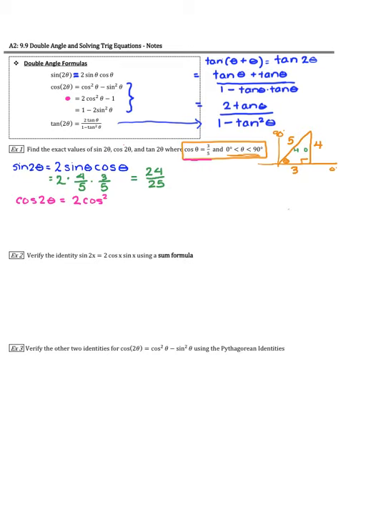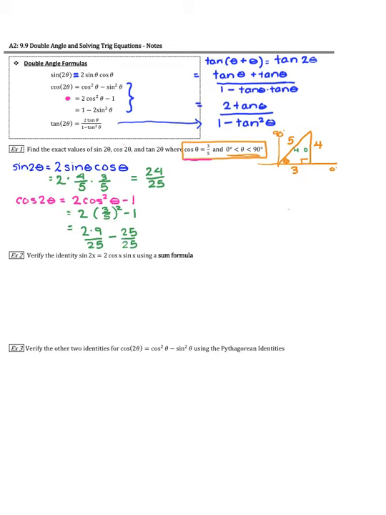So 2 cosine squared theta minus 1, and then we're going to substitute. So 2 times 3/5 squared minus 1, and then we're going to simplify that. So this is going to equal 2 times 9/25 minus, and since I have to put these together, I'm going to rewrite 1 as 25 over 25.